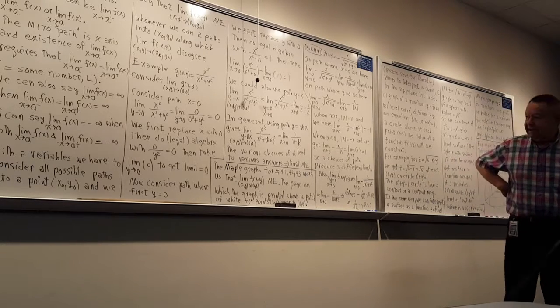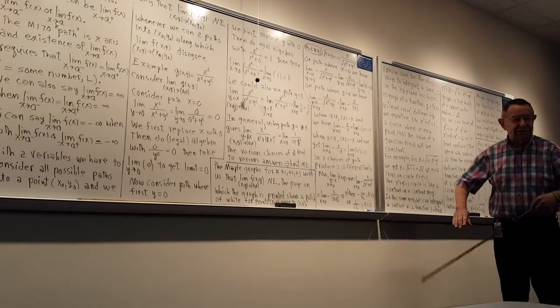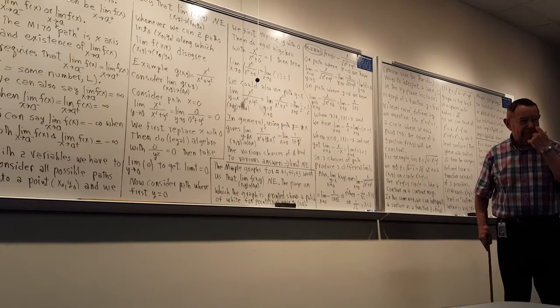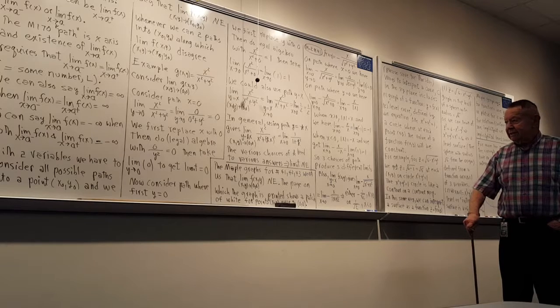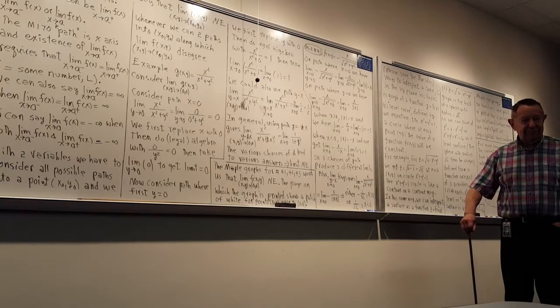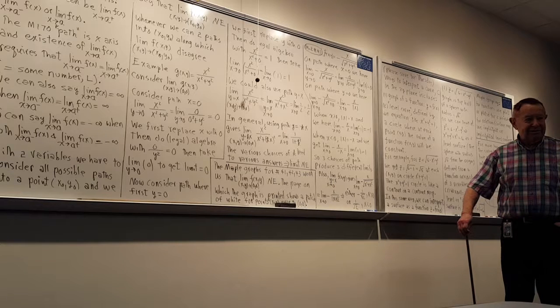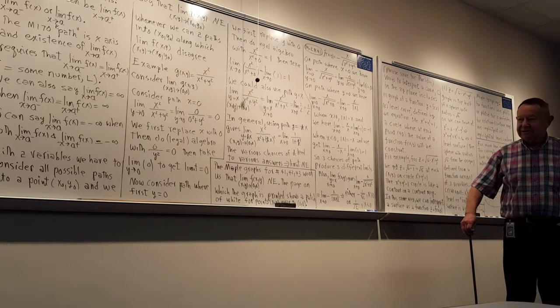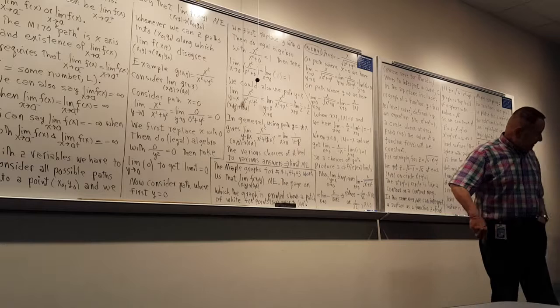And so you can see how you can produce all sorts of answers. So this is the game in these problems where you're given what starts out as a 0 over 0 type situation, and you're asked to decide either that there is no limit or that there is one.